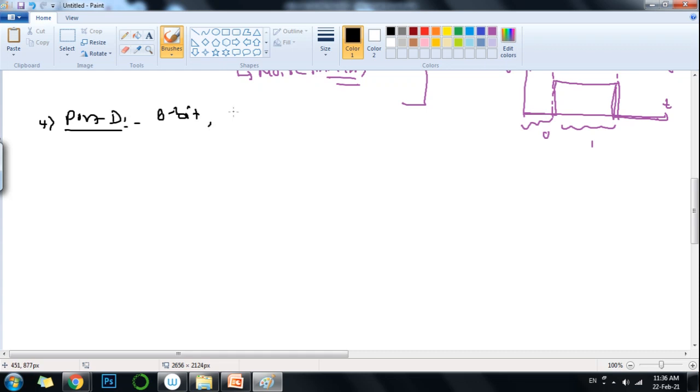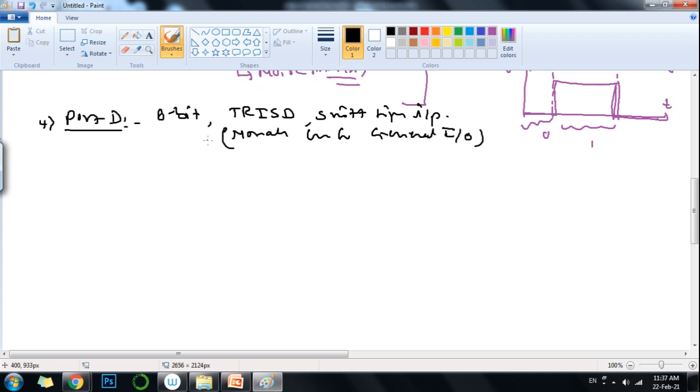It has a register called the TRISD register, right? It has Schmitt trigger input. It is normally used for general purpose I/O, inputting and outputting of data. That is about port D.